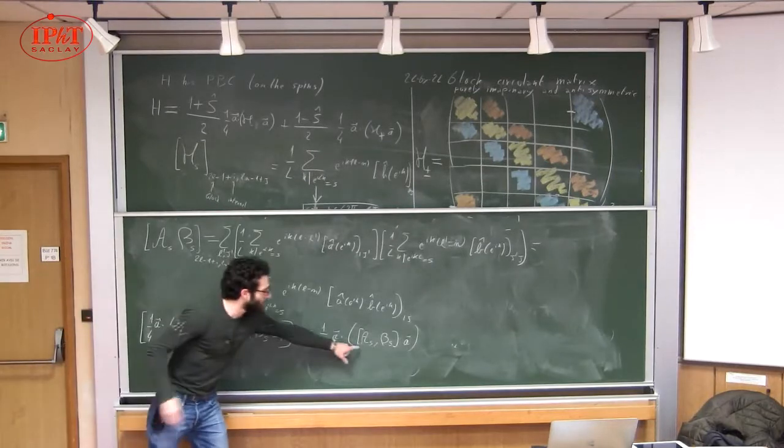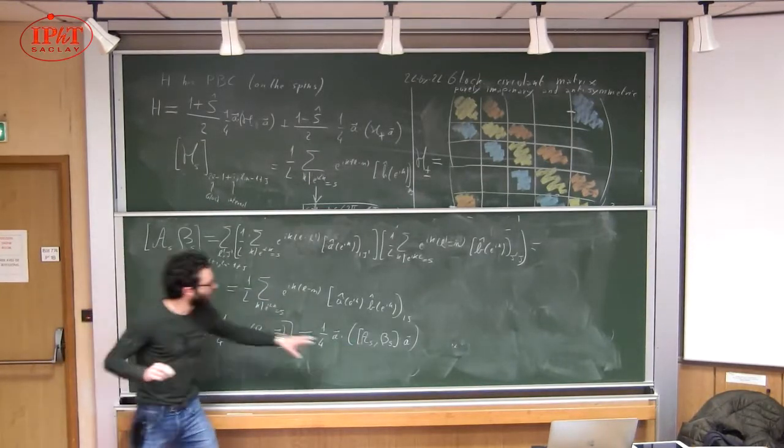And the matrix characterizing the commutator is simply given by the commutator of the matrices.